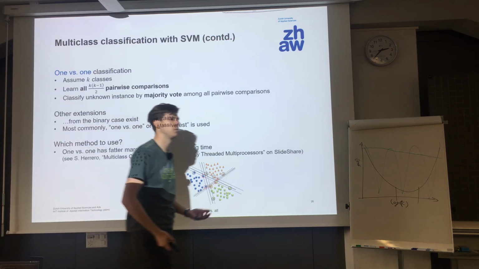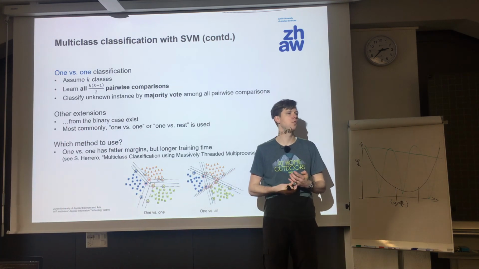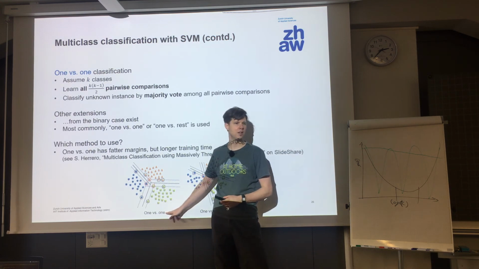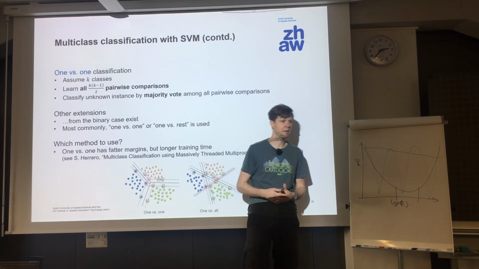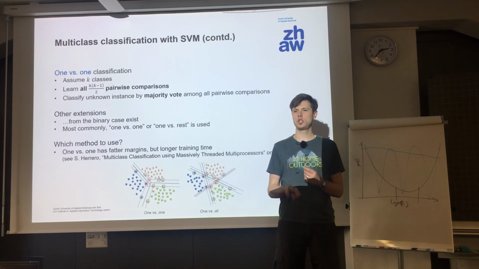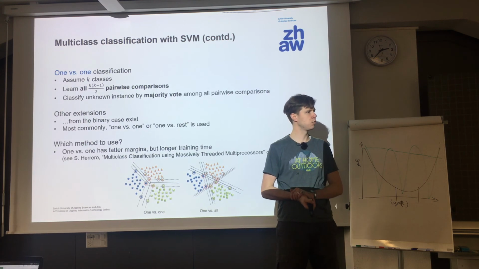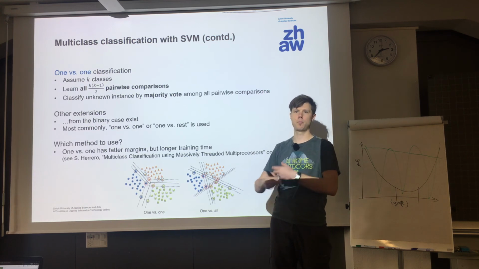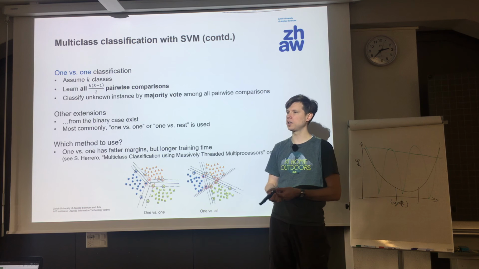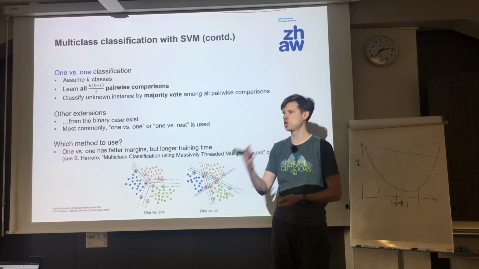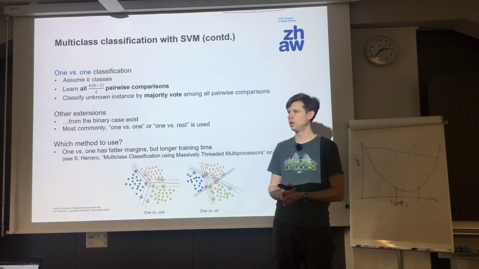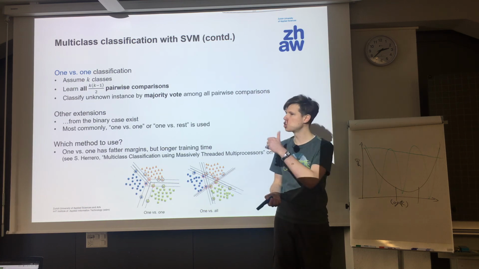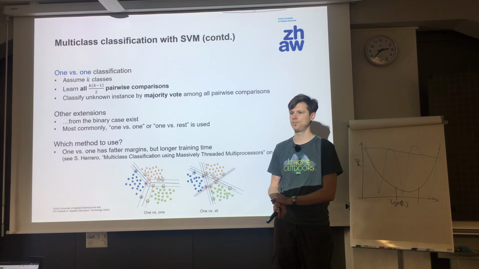That suggests that if you have time, and compute, you might favor one versus one. Usually, you don't have to think much about it, because SVM libraries give you a default implementation for multiclass classification. You're not even asked. It will just use whatever is implemented, and you can basically rely on this being a quite good choice for almost all cases.